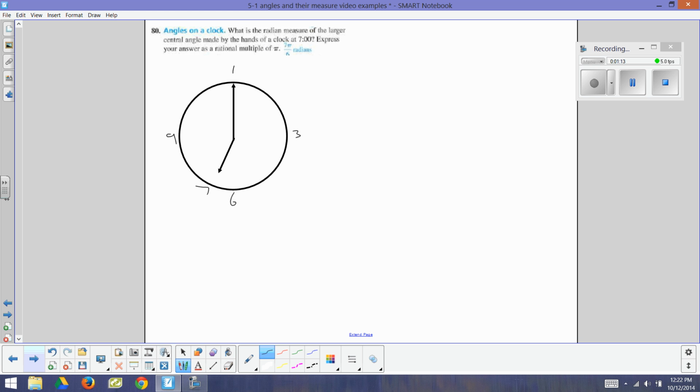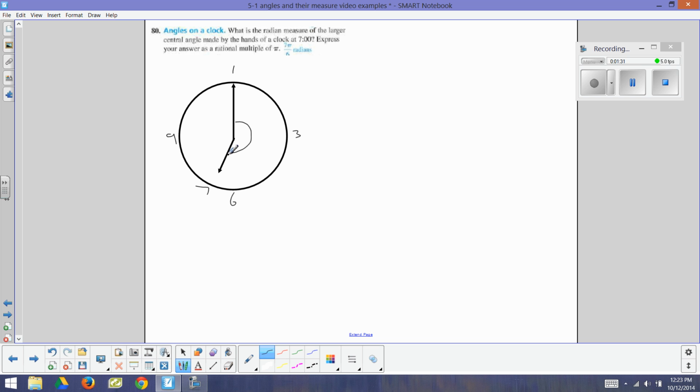Angles on a clock. What is the radian measure of the larger central angle made by the hands of a clock at 7 o'clock? Express your answer as a rational multiple of pi. So they want to know at 7 o'clock, what is that angle there?